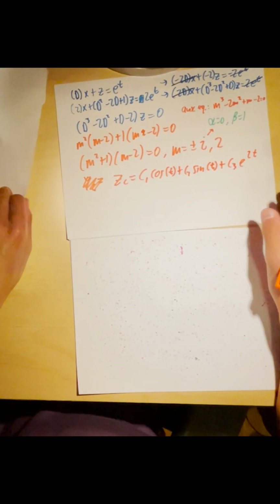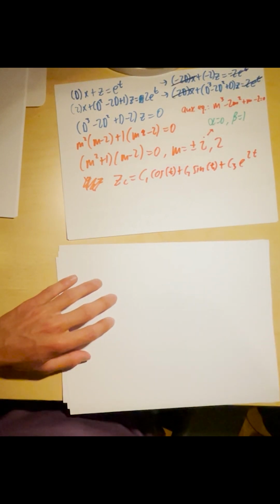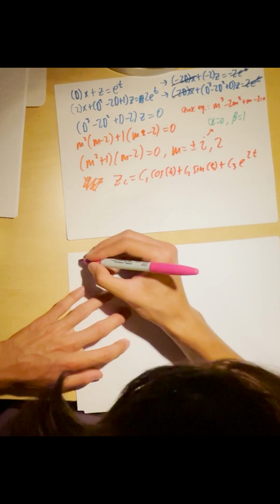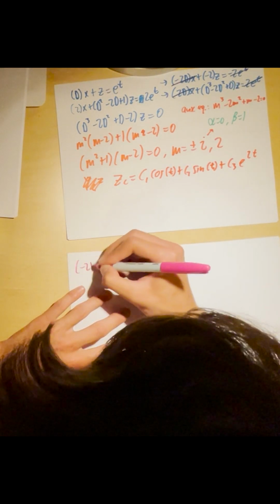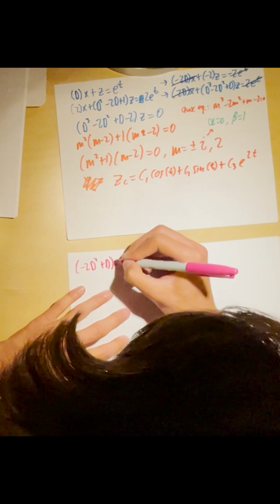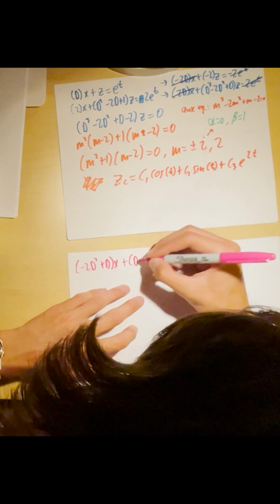First step. We take our equations, and in this case, we'll have negative 2d squared plus d x. I'm just rewriting here.